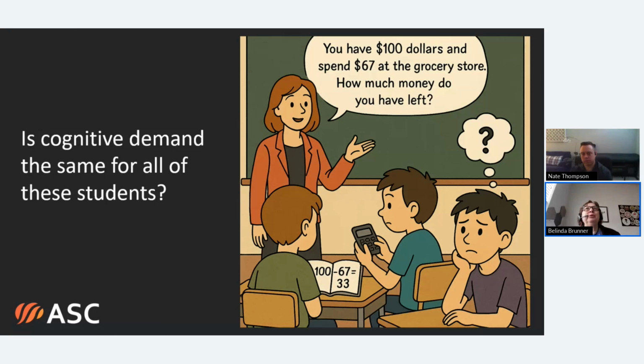So Bloom's is not simply, I like to think of it as not simply being a property of the test item. It's also a property of the person taking the test and their background and their experience.